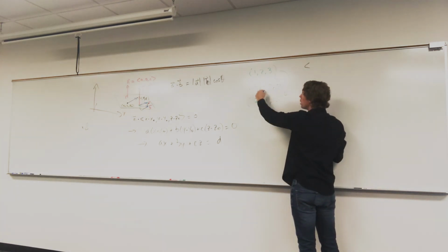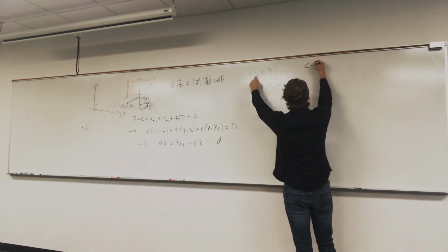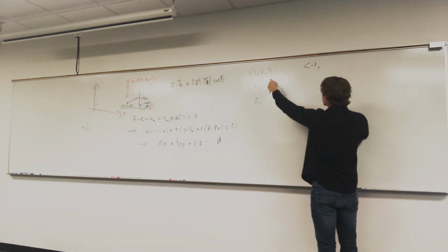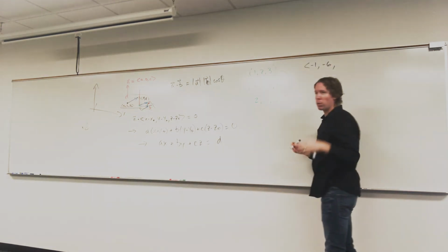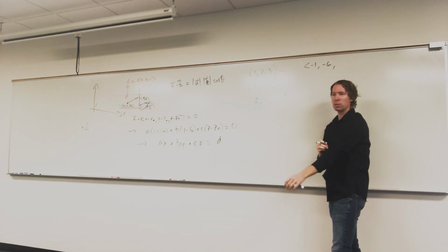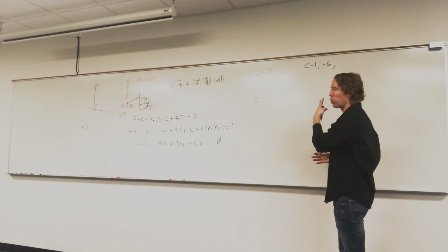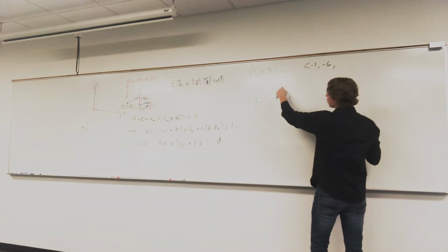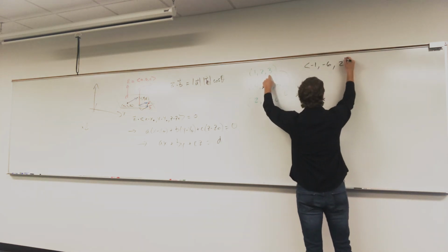So the vector from here to here gives me 0 minus 1, -4, minus 2. And by the way, please make sure I'm doing this correctly, because I often add and subtract incorrectly, especially at the board. So I need you guys to check me. 5 minus 3 is 2.